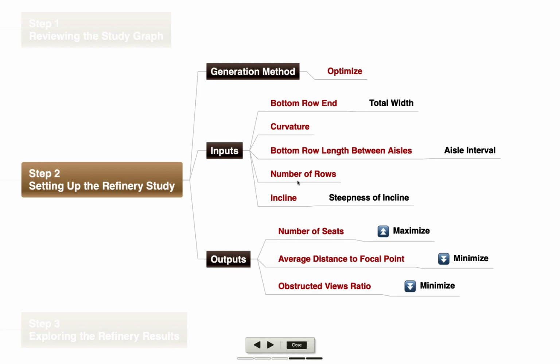Now, in terms of the total number of variables, this whole notion of how wide the bottom row is, what the curvature is, what the bottom row length between the aisles is, the number of rows, the incline, those are all things we can start playing with. Let's think about what some sensible trade-offs might be.